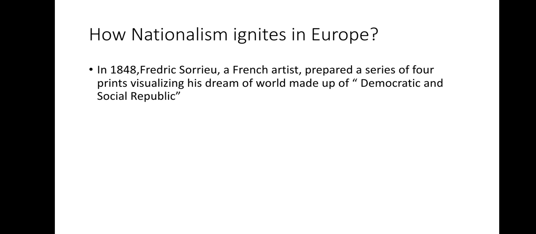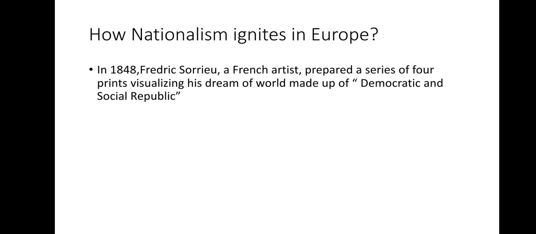Who drew that picture? Frederic Sorrieu. Yes, in 1848, Frederic Sorrieu, a French artist, prepared a series of four prints visualizing his dream of a world made up of democratic and social republics. That was his dream.